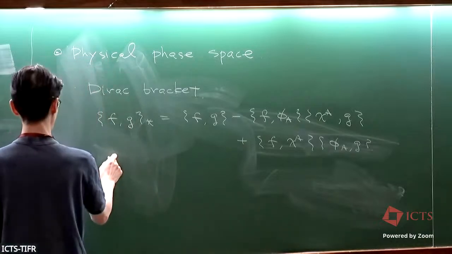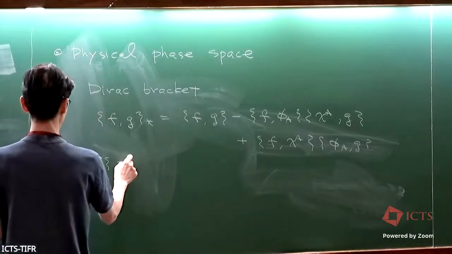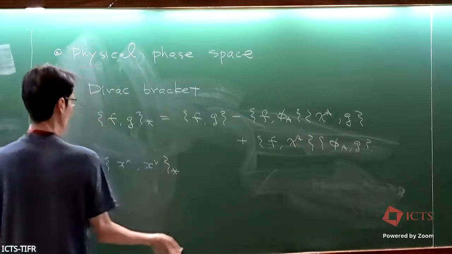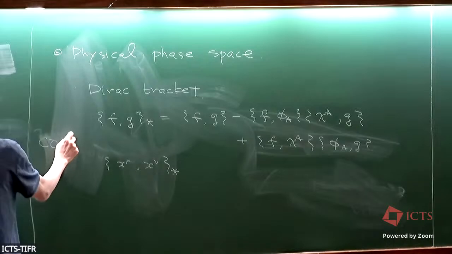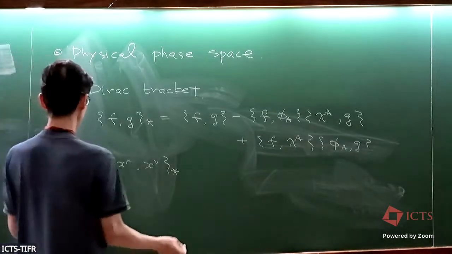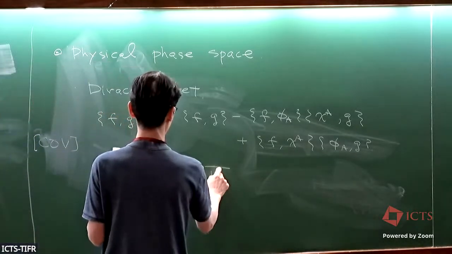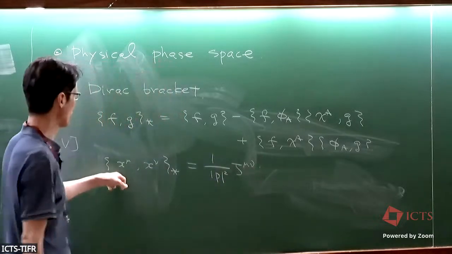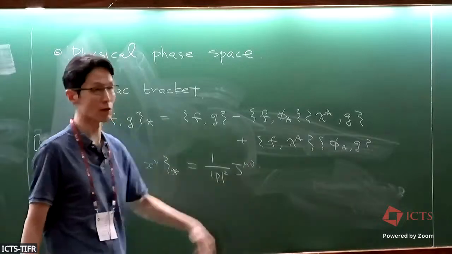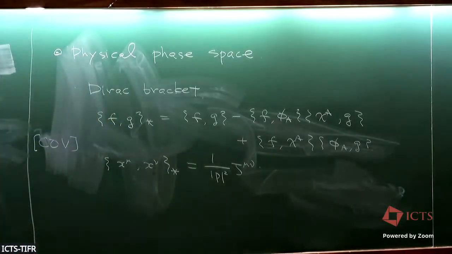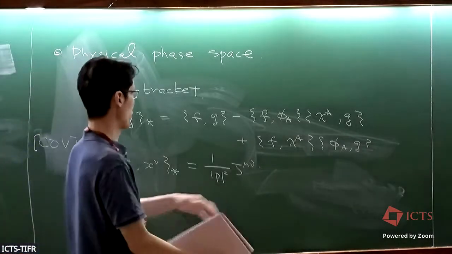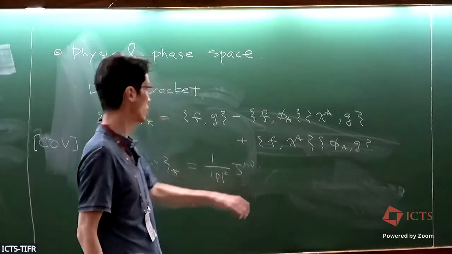And so if you plug in some of your variables in the covariant choice of gauge, then you find a few interesting relations. For example, x mu Dirac bracket produces the total angular momentum, including the orbital part and the spin part inside.